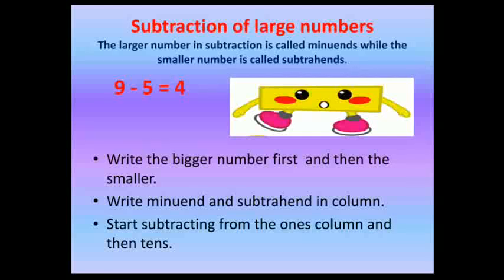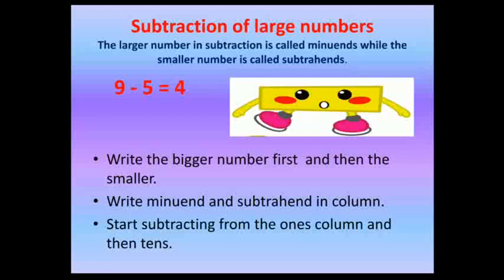Here 9 is the minuend, 5 is the subtrahend, and 4, which is the answer of the subtraction, is called the difference. The symbol which is present between 9 and 5 is known as the sign of subtraction, and the symbol which is present between 5 and 4 is known as equals to. It means both sides, left hand side and right hand side, are equal to each other.